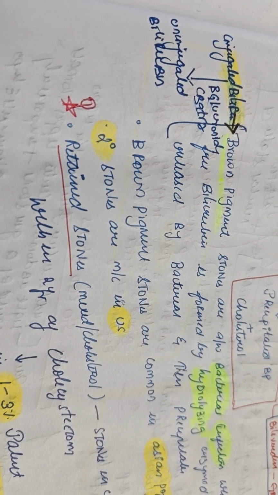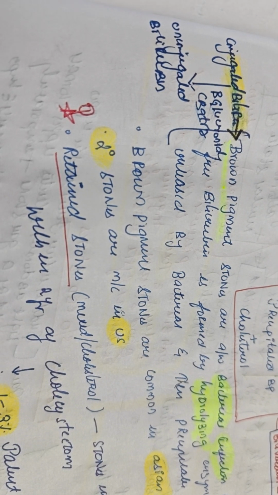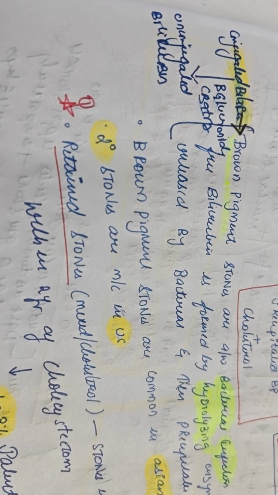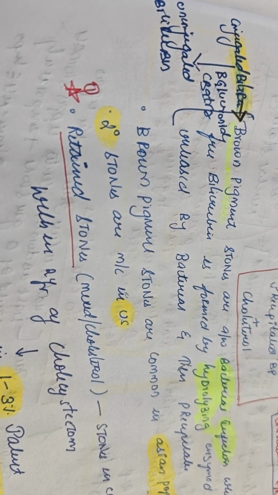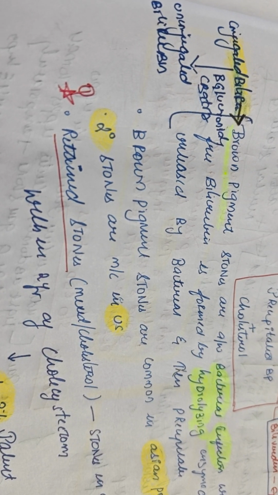Now what is it trying to tell us? You have conjugated bilirubin. The conjugated bilirubin converts into unconjugated bilirubin by the presence of a hydrolyzing enzyme. And what is the hydrolyzing enzyme here? That is beta glucuronidase.